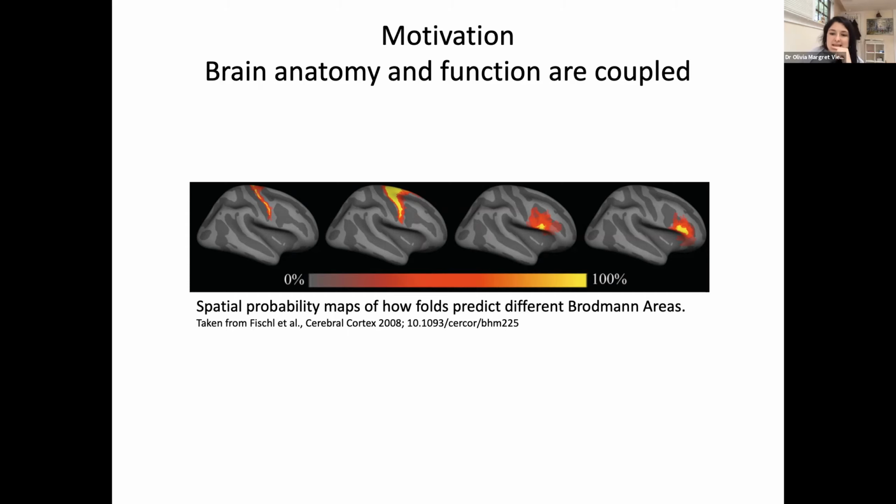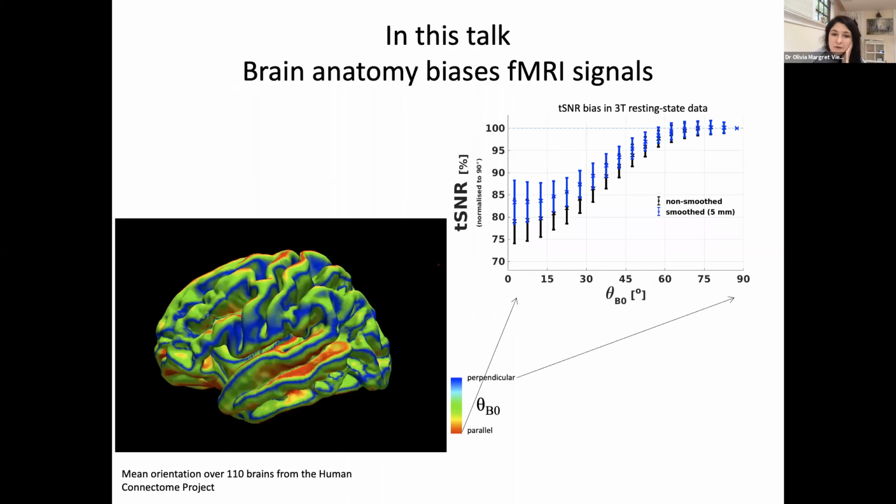And you can see that in the primary early developing areas, like the somatomotor area here, those areas have a high predictability of Brodmann areas, and higher order folds like here, they're not very good in allowing us to predict the Brodmann areas. And that was a nice demonstration of anatomic functional coupling early on.